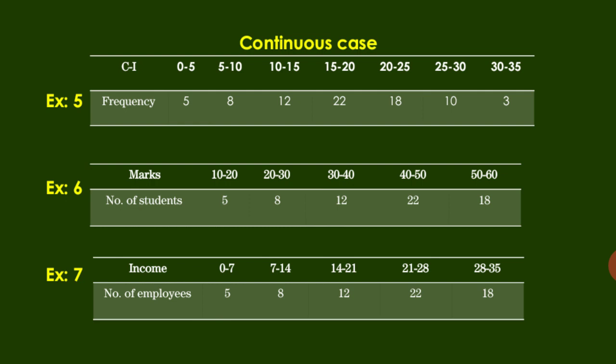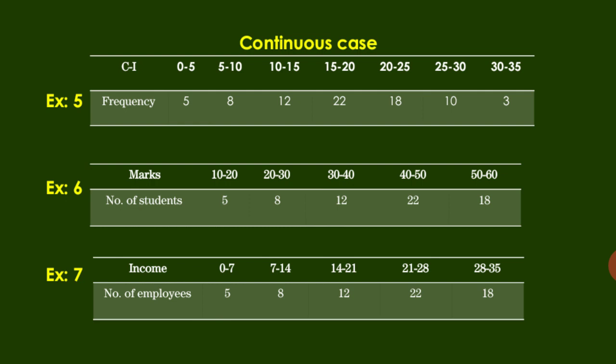The class intervals 0 to 5, 5 to 10, 10 to 15, 15 to 20, 20 to 25, 25 to 30, 30 to 35 are called classes. When they are given with corresponding frequency values 5, 8, 12, 22, 18, 10, 3, this data is called a continuous case series.